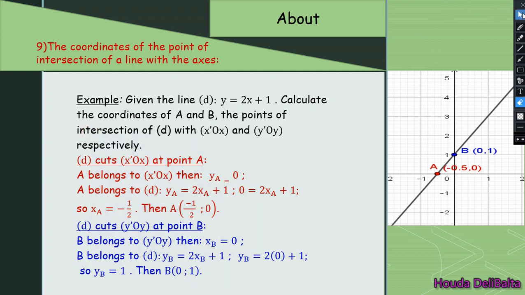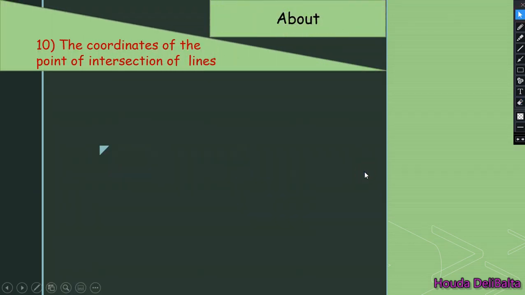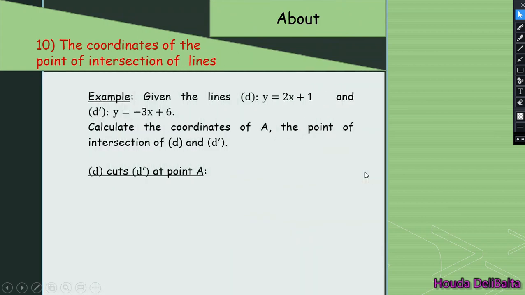Now, this is how to determine the point of intersection between a line and the x-axis or between a line and the y-axis. Now, how to determine the point of intersection between two lines among each other, not just with the x-axis or the y-axis.